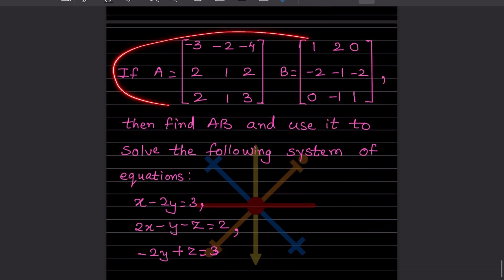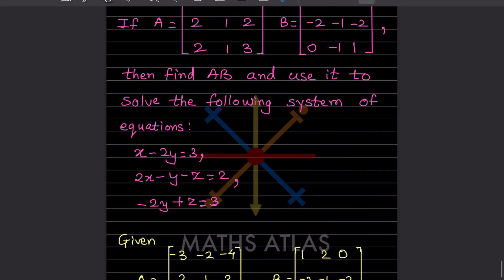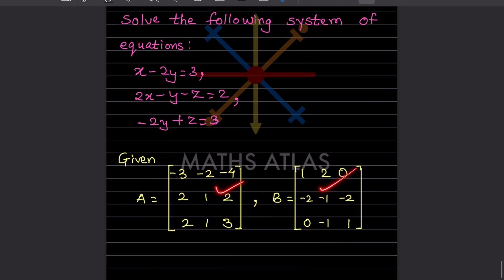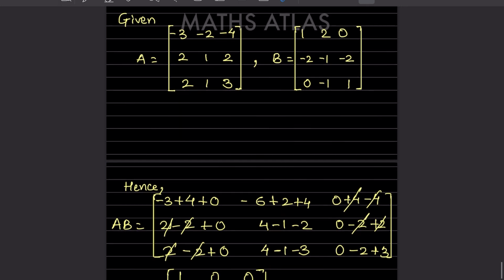Now let us take this next question. Here A is this matrix and B is this given matrix. We have to find AB, and these are the equations given. So now let us take this down over here and take the product of it. This into this here is 0.